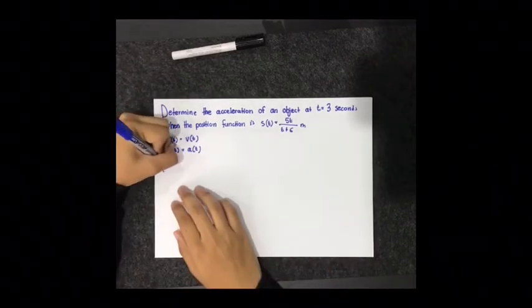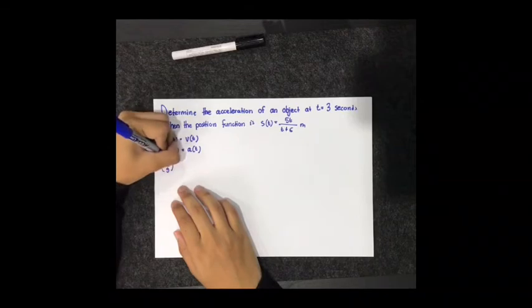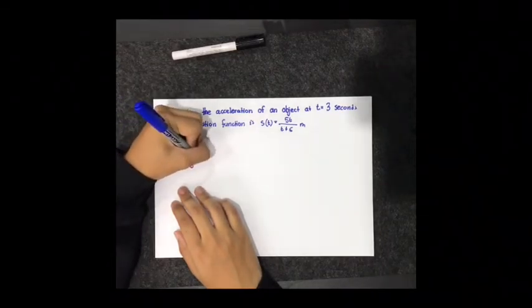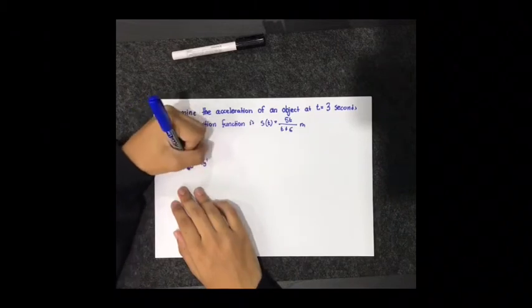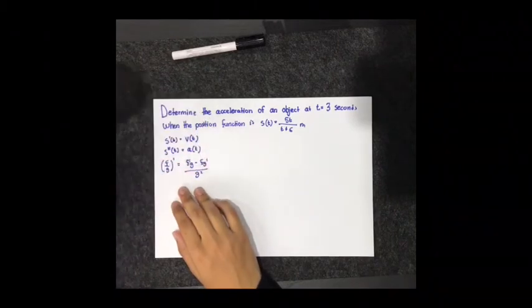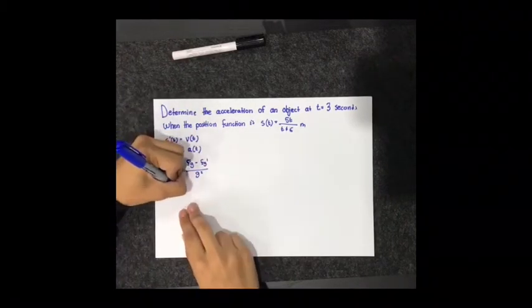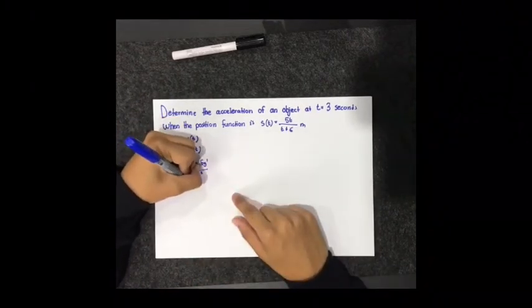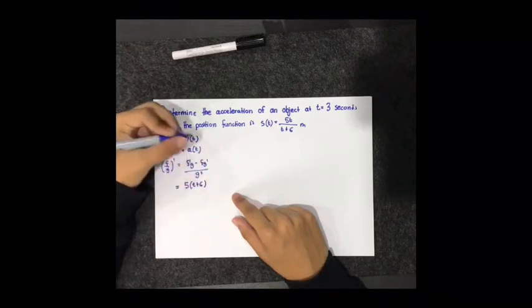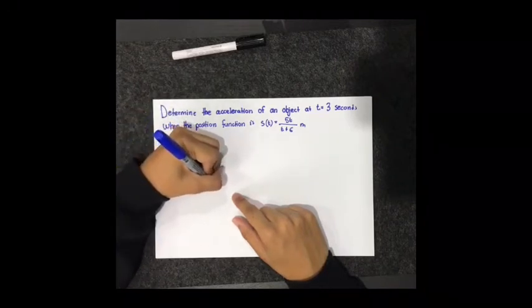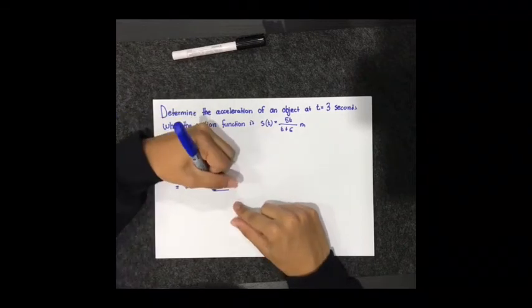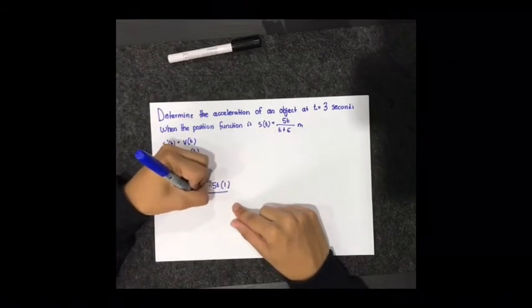So let's just do a quick recap: f prime times g minus f times g prime, over g squared. Okay, so let's do that. So that's basically 5 times (t plus 6) minus 5t times 1, over (t plus 6) squared.